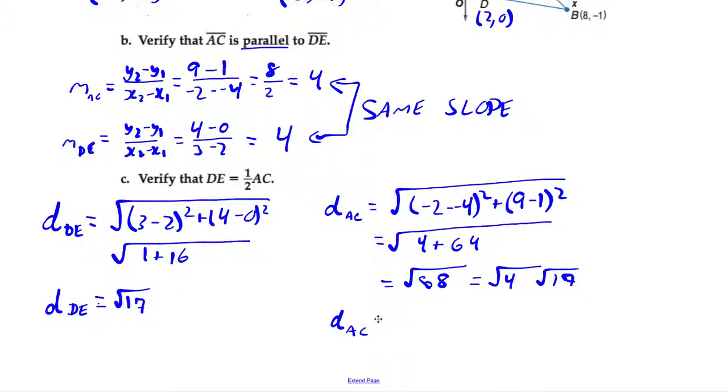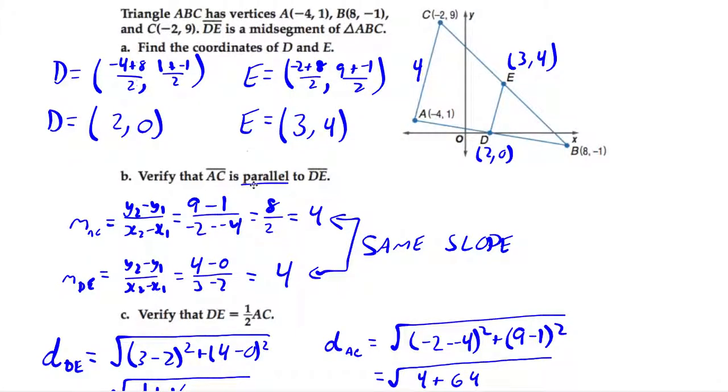So the distance of AC is 2 times the square root of 17. Notice the distance of AC is twice as much as the distance for DE, showing that DE is half of AC. So distance formula, slope formula, midpoint formula, all coming back to help us with this new material.